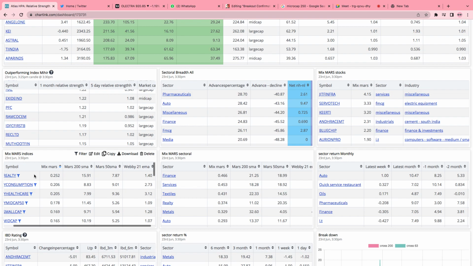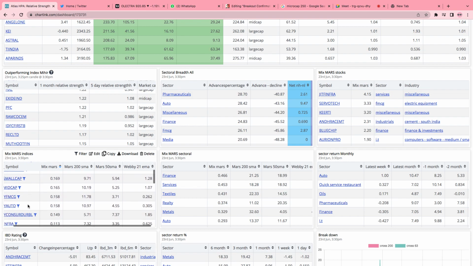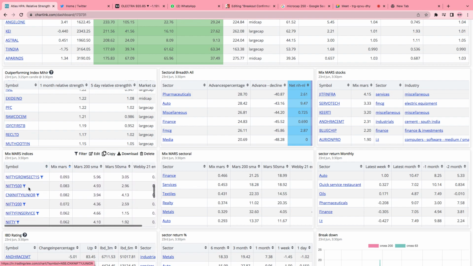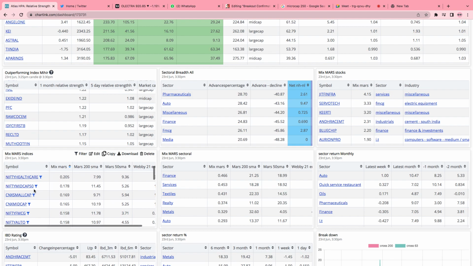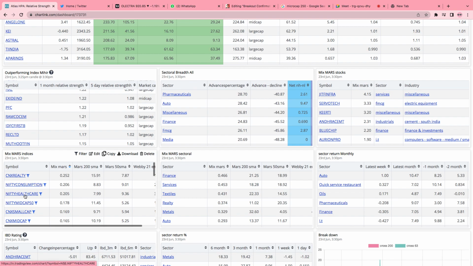Okay, now you can already see where our Nifty 500 is. Anything which is above Nifty 500 in this list is actually an outperformer. So pharma, infra, auto, FMCG, mid cap, small cap, consumption, reality, these are absolute outperformers against Nifty 500.